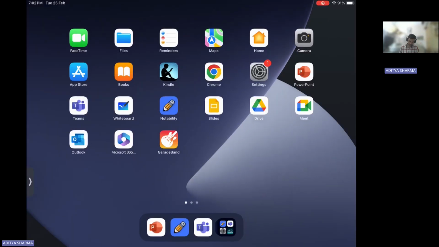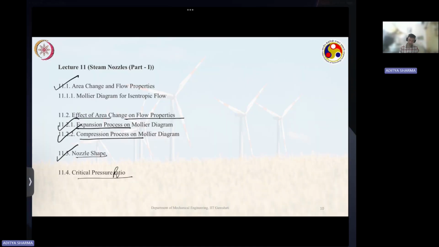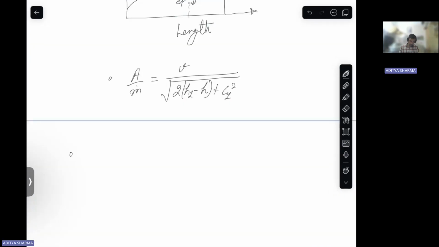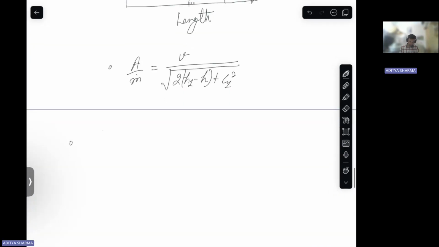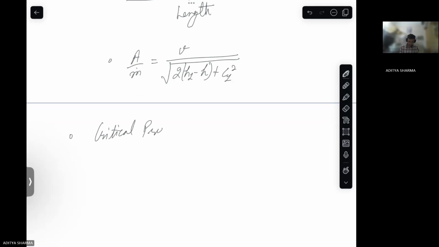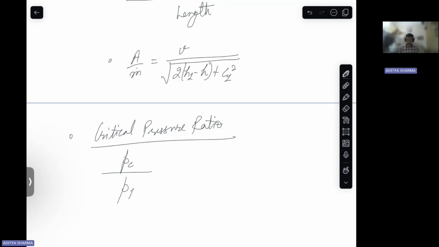Then next is your critical pressure ratios. So what is the critical pressure ratio first of all? The critical pressure ratio is the ratio of pressure at the throat to the inlet pressure.